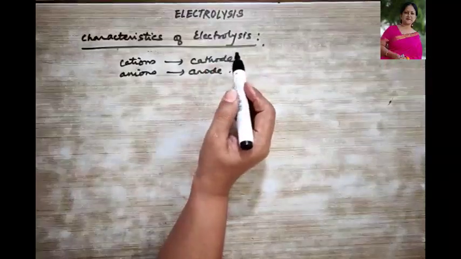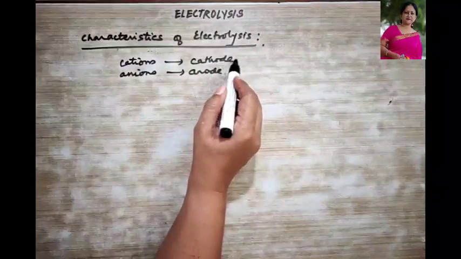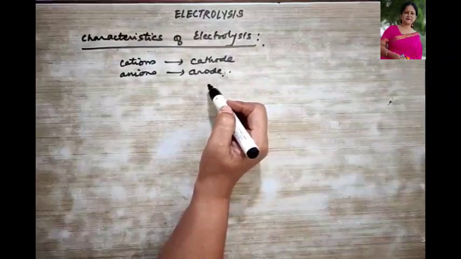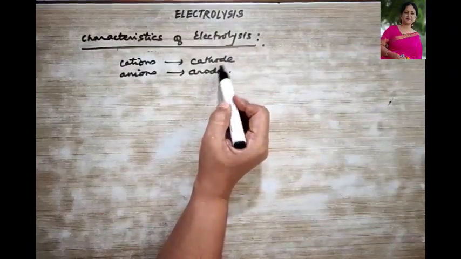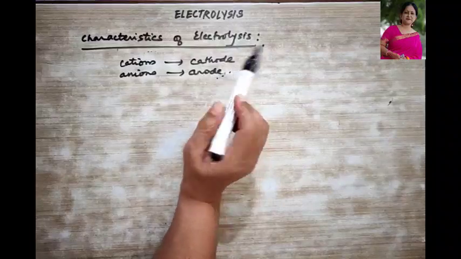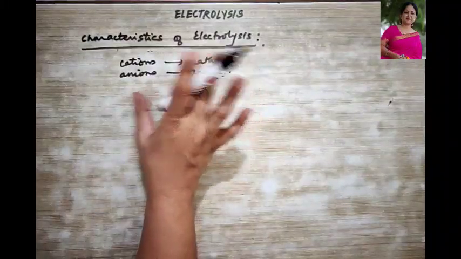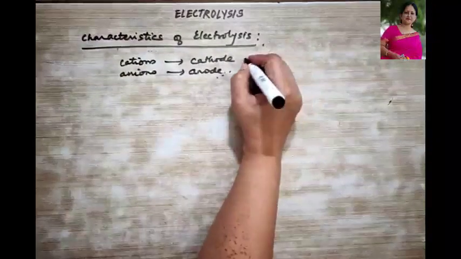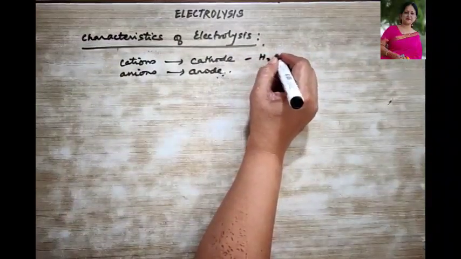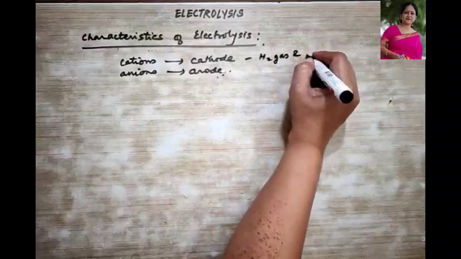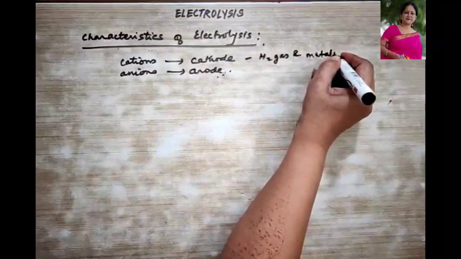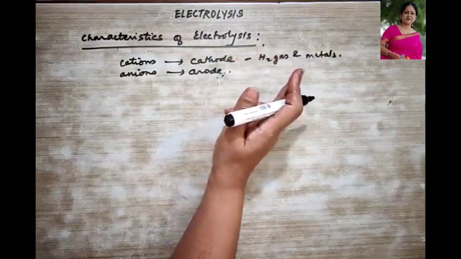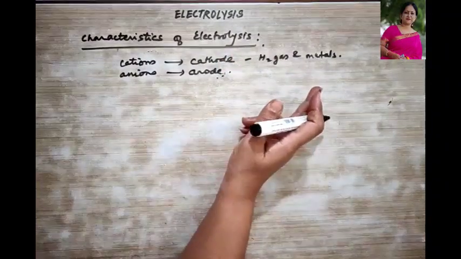Since the exchange of electrons takes place where? On the surface of these two electrodes. Loss and gain of electrons takes place where? At the surface of the electrodes. Only hydrogen gas and metals are liberated at the cathode, and hence they are all electropositive elements.